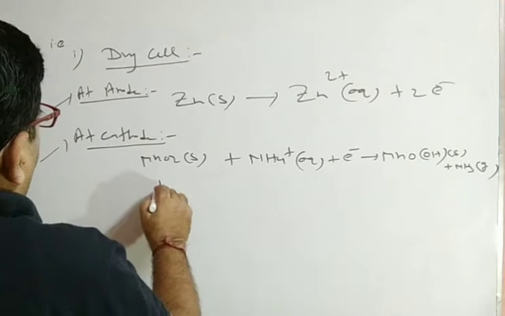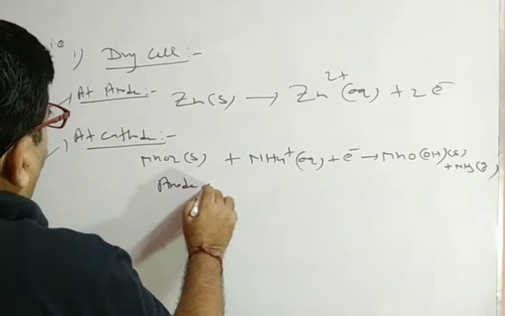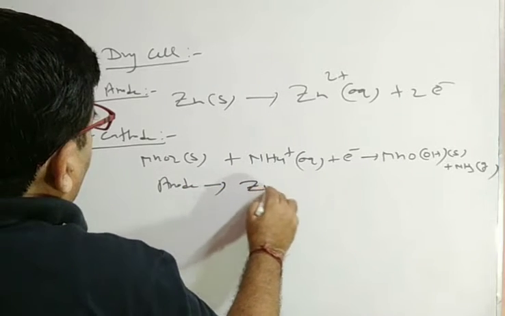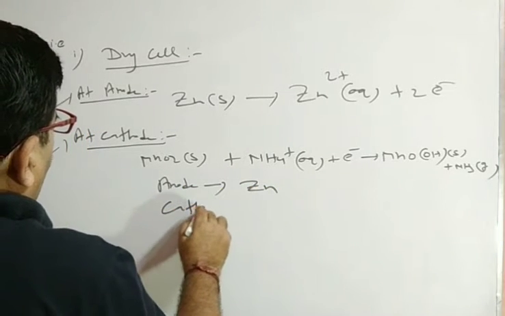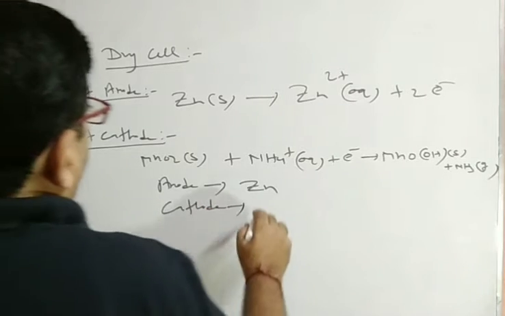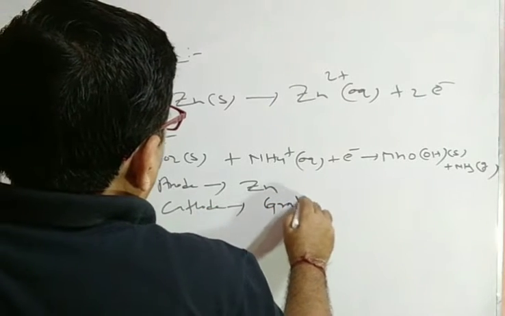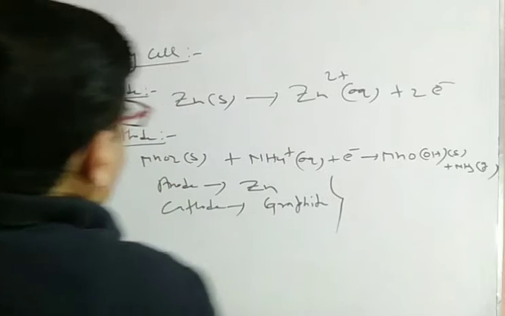The anode is made from zinc and the cathode is graphite in this type of cell.